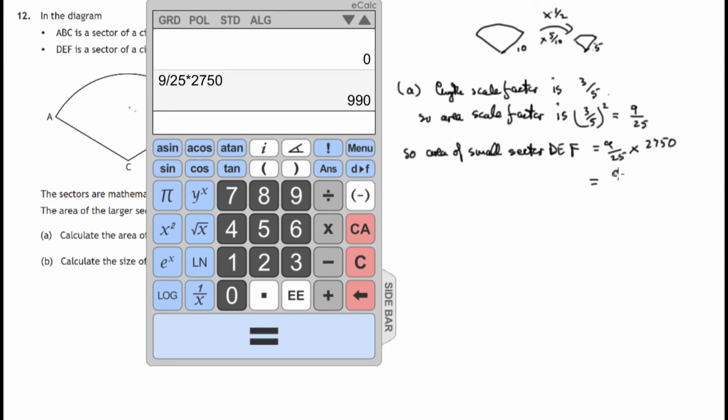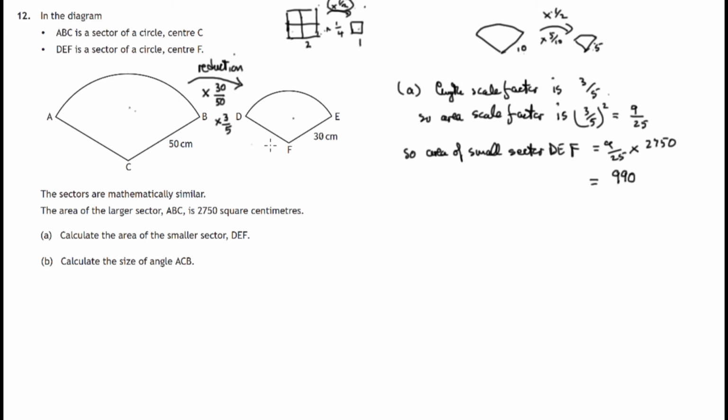And that gives us 990. And the measurements for area are square centimetres. So the smaller sector is 990 compared to the larger one, 2750 square centimetres. This figure being 9/25 of this one, which is the square of the length reduction scale factor.